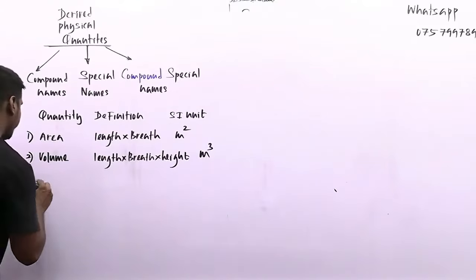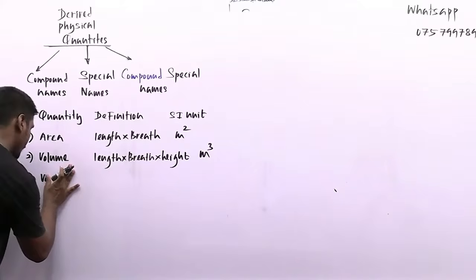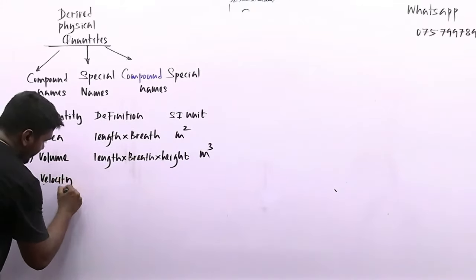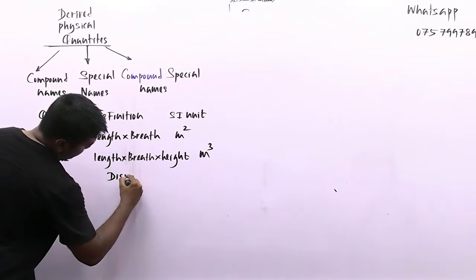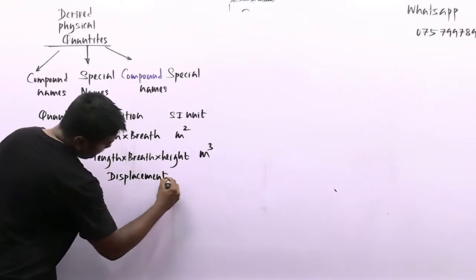Number three, velocity. You can remember the definition from all your levels: displacement over time. In the given box, write down displacement over time.